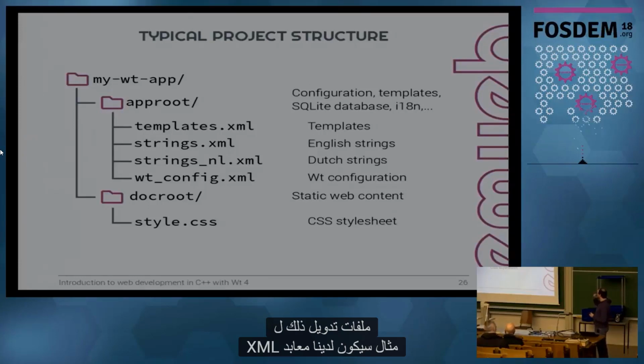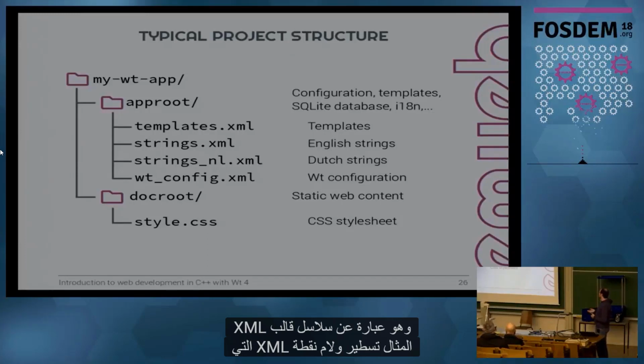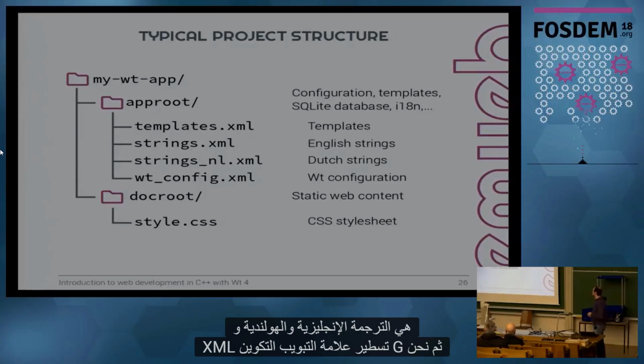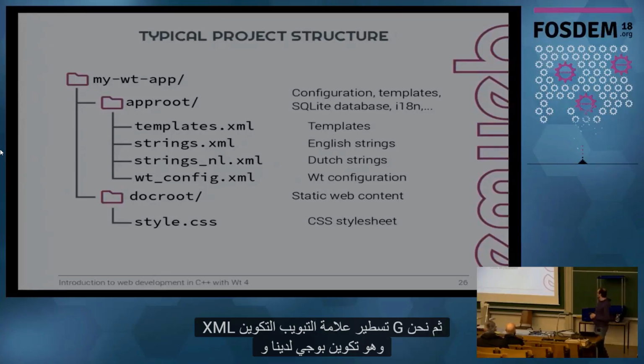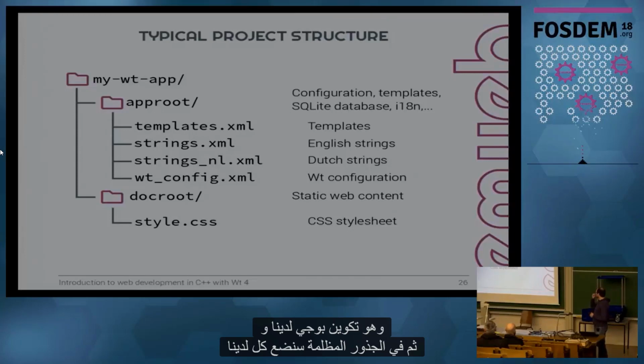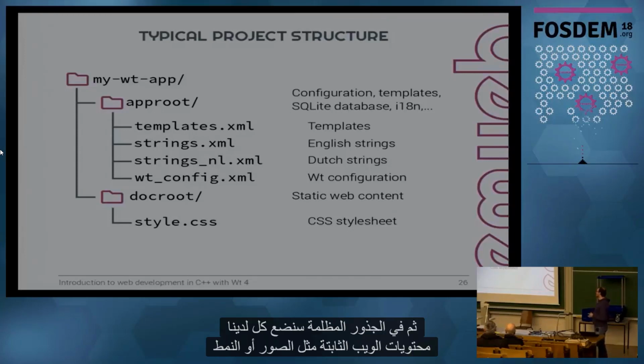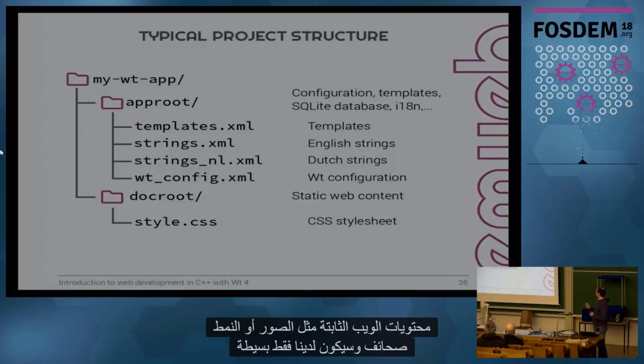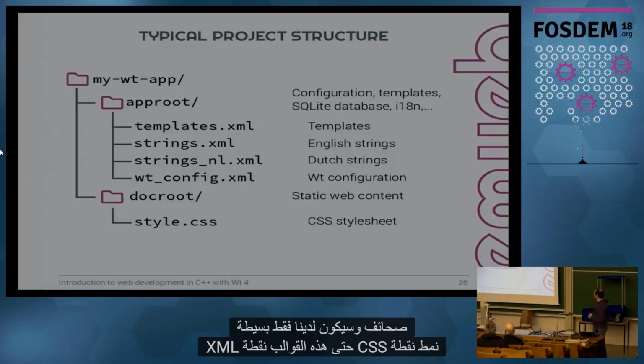For example, we'll have a templates.xml, which is a template, strings.xml and strings_nl.xml, which are our English and Dutch translations, and then wiki_config.xml, which is our wiki configuration. And then in the doc root, we'll put all of our static web contents, like images or style sheets, and we'll just have a simple style.css.